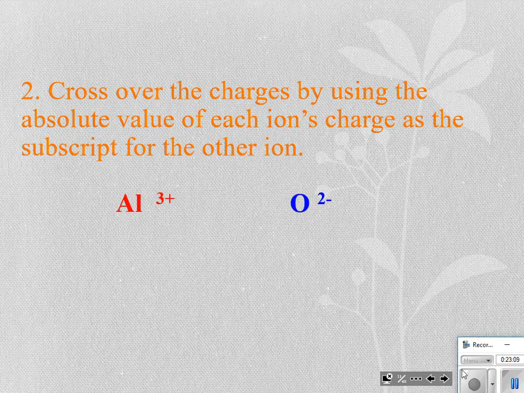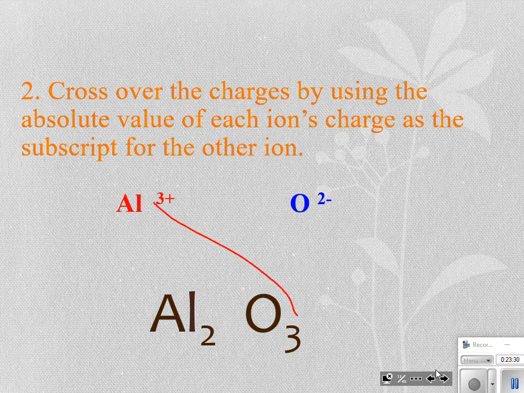What this crossing over method says is that aluminum is 3+. I take this 3 and cross it over to the oxygen. I take this 2 and cross it over to the aluminum. And if you do so, the charges should balance out.